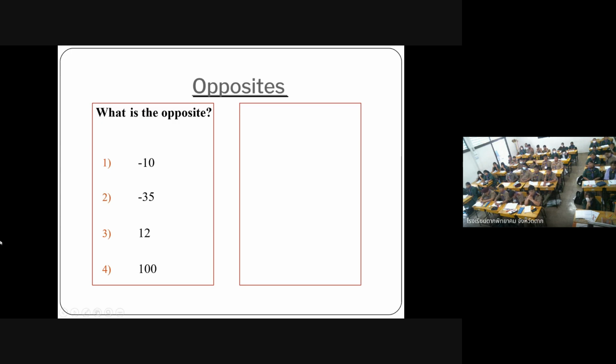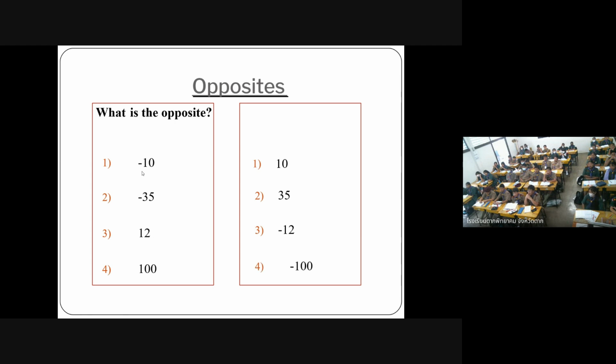Let's have some examples. What is the opposite of negative 10? What's the answer? It's positive 10. Next, what is the opposite of negative 35? It is positive 35. What is the opposite of 12? Negative 12. And the opposite of 100?